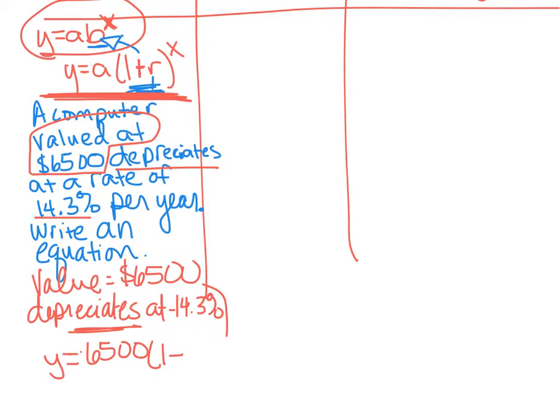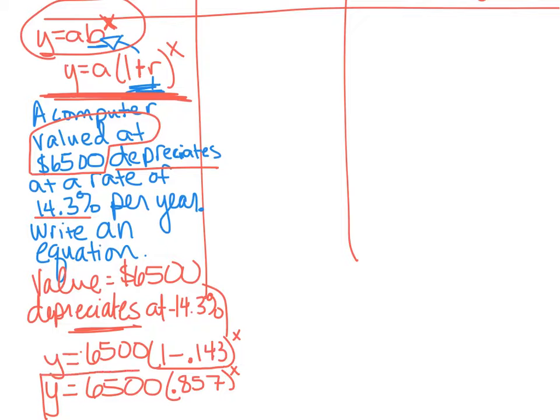So it's going to be minus 0.143 because you need to change it into a decimal, to the x. So y equals 6,500 times 0.857 to the x. That 0.857 just came from simplifying 1 minus 0.143. And this is my equation.